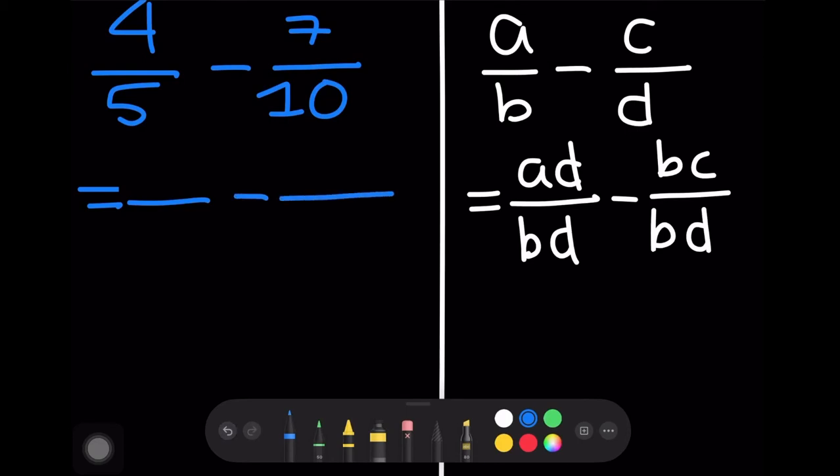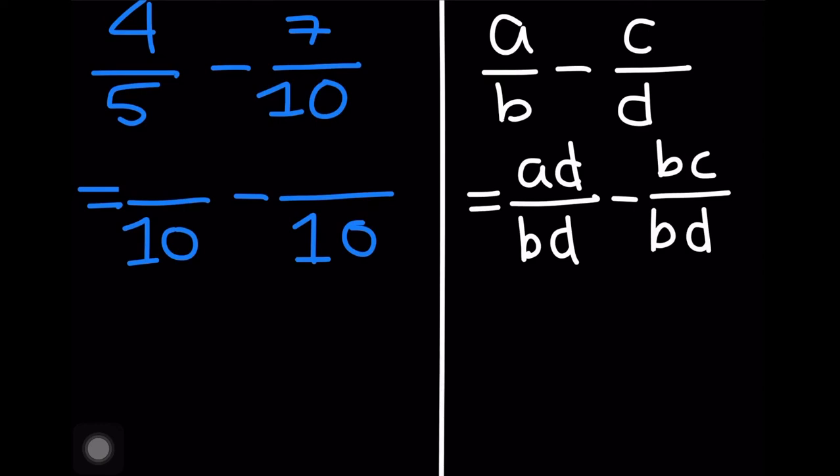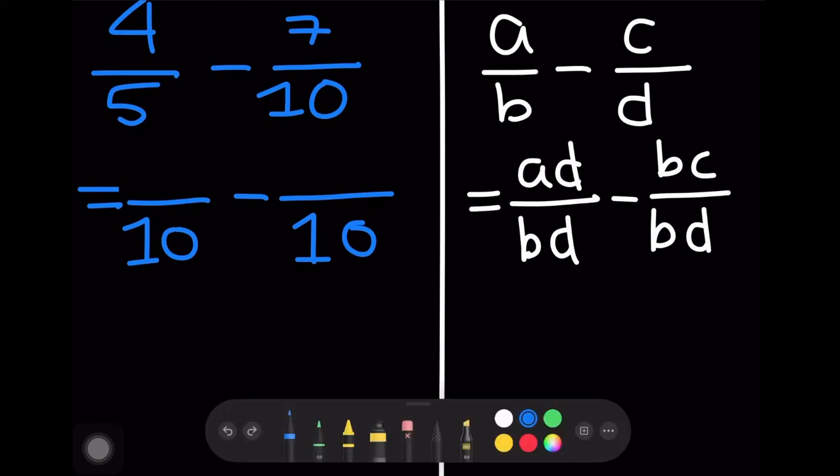Now, if you look at 4 over 5, the denominator is 5. We can multiply this by 2 to get the same denominator, which is 10. But when you multiply 5 by 2, you also have to do the same thing to the 4, which should also be multiplied by 2. Then we should get 4 times 2 equals 8, and 5 times 2 should be 10.